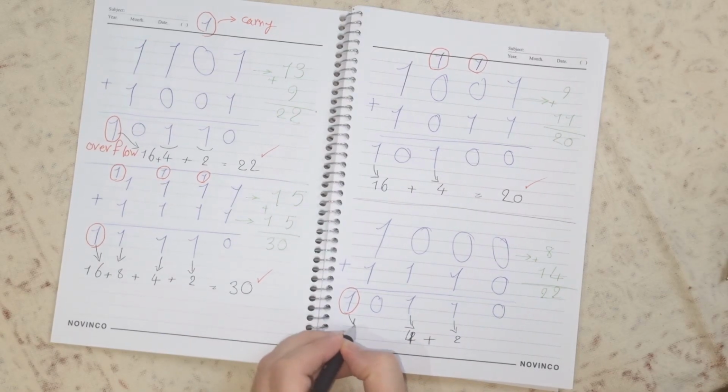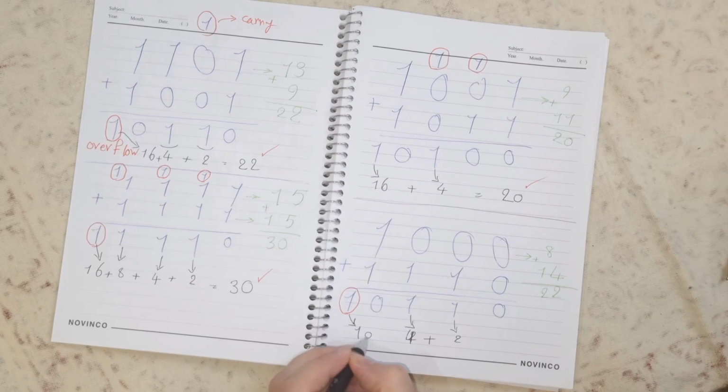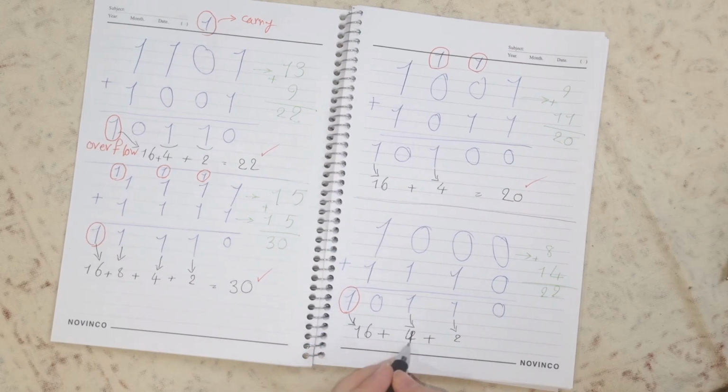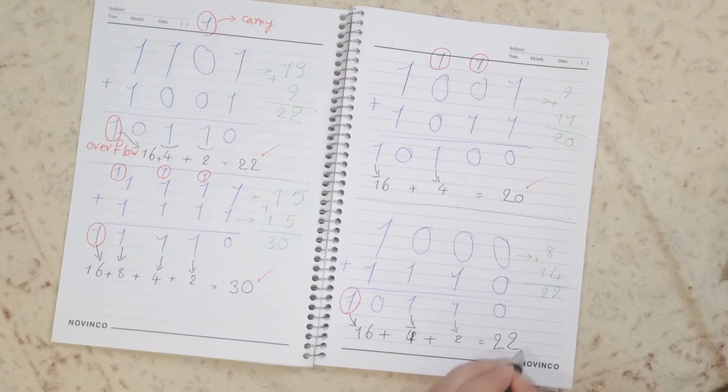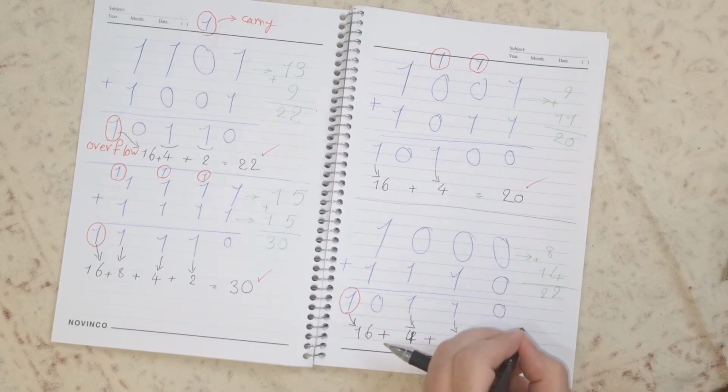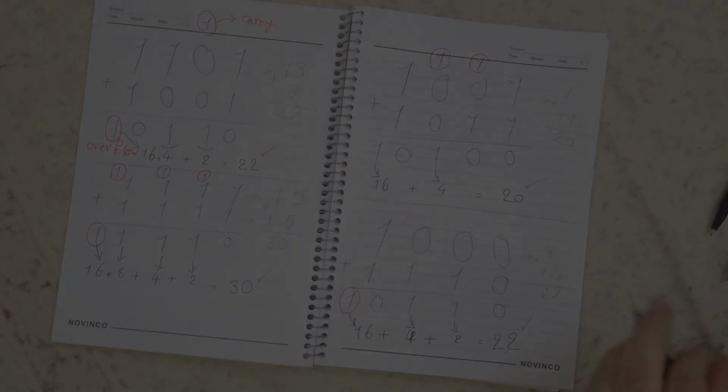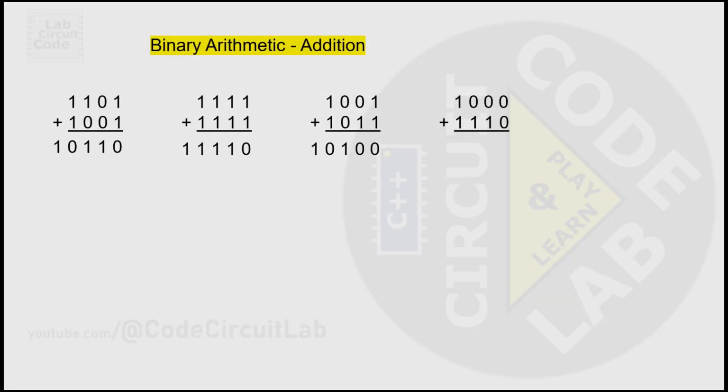And this one adds a 16. 16 plus 4 plus 2 is 22. So our addition is correct. So the result was 10110.